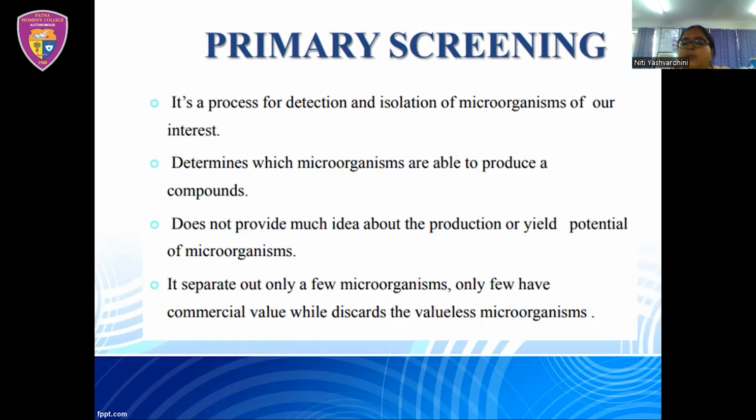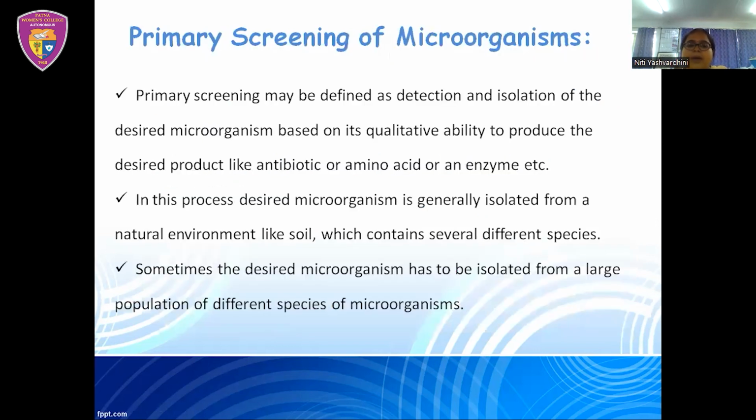Primary screening deals with the detection and isolation of the microorganism of our interest. From the group of microorganisms, it is detected which are able to produce a given compound, but it does not give any idea about the yield potential, that is, how much of the compound the microorganism is producing. It separates out the microorganism from the group of microorganisms.